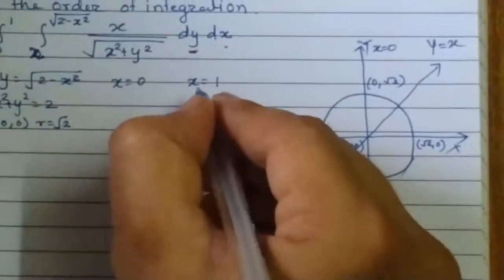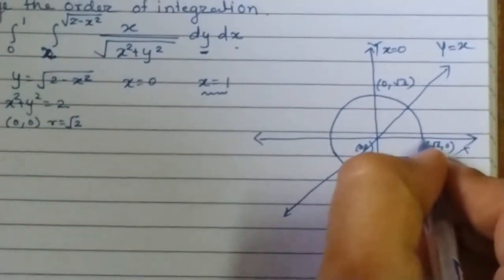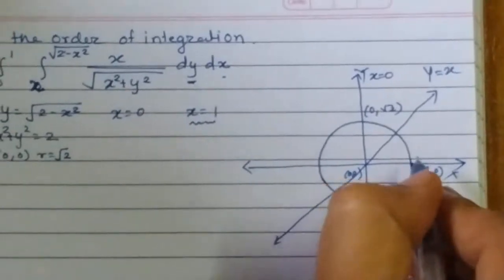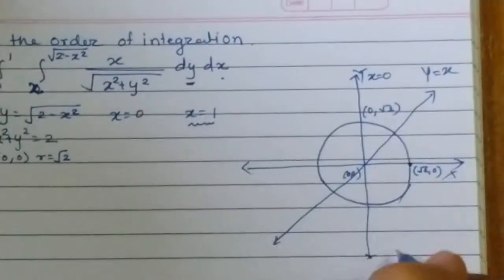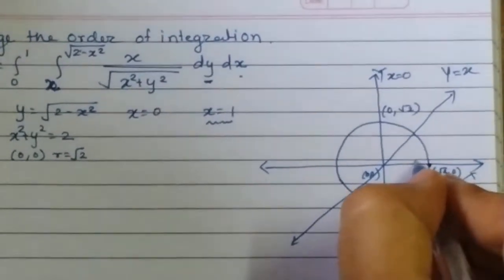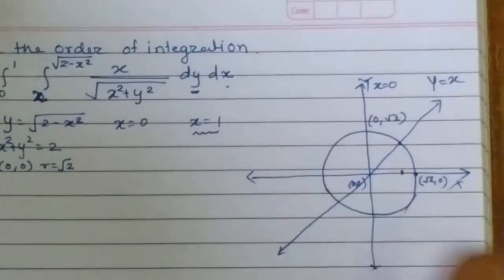Now the question comes where this x is equal to 1 will lie. Of course, if this point is root 2 comma 0, here the x coordinate is root 2. Of course your x is equal to 1 will lie inside the circle, which means some portion of the line will be inside the circle. So your line will be somewhere here. Only thing is whether it passes through this point or not.